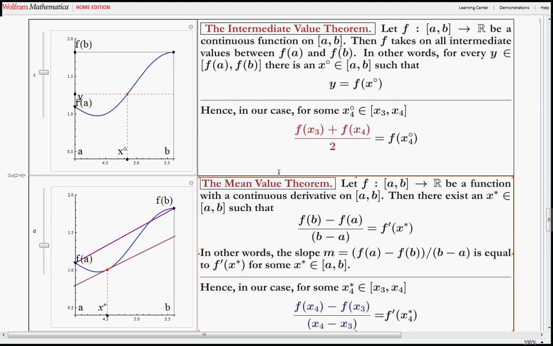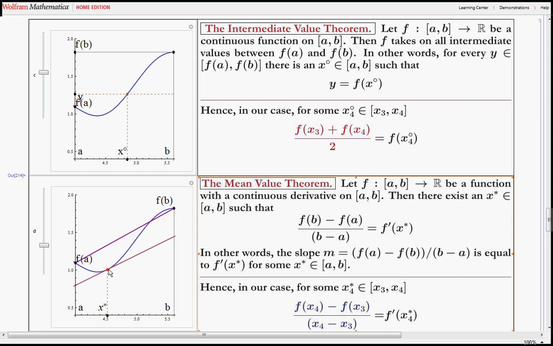The mean value theorem states that whenever we have a function which has a continuous derivative in the interval ab, then its average rate of change, represented by this fraction, is equal to the derivative of this function at a certain internal point x star. We can visualize this theorem on the picture on the bottom here. Namely, the average rate of change of function f is equal to the slope of this secant line, which is built on the endpoint values of function f.